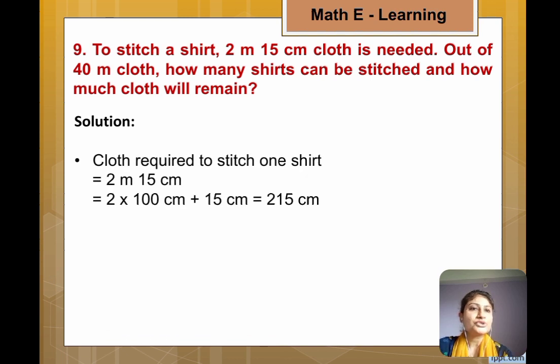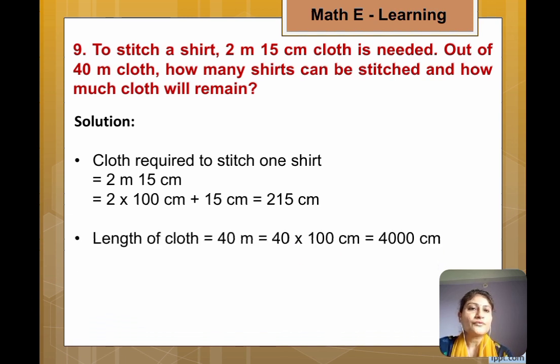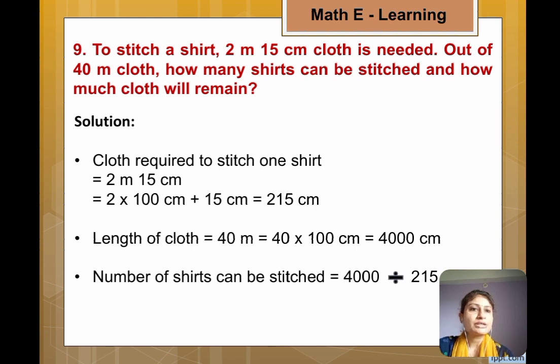Cloth required to stitch one shirt is equal to 2 meter 15 centimeter, and by converting to centimeter we get 215 centimeter. Length of cloth is equal to 40 meter is equal to 4000 centimeter. Number of shirts that can be stitched is equal to 4000 divided by 215.